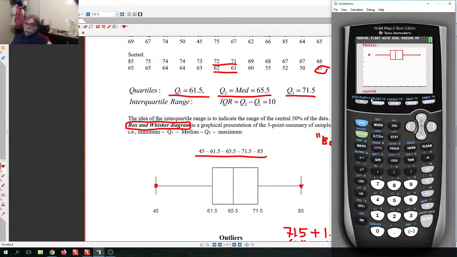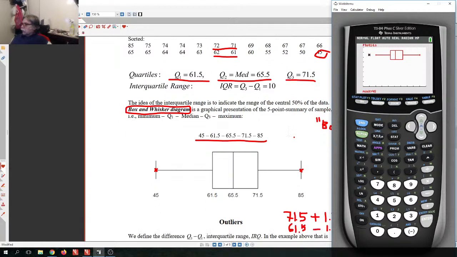Minimum is still the minimum. 45 is still the minimum. You cannot change the minimum, but it's also an outlier here, separated from the tail here. The outlier could be separate from the tail on a box plot. So the tail will start with the 50, not with 45, if you want to emphasize the outlier. And anything that is an outlier would be a dot. There might be another outlier here, might be another outlier here, and so on. Okay? That's how it's going to look.